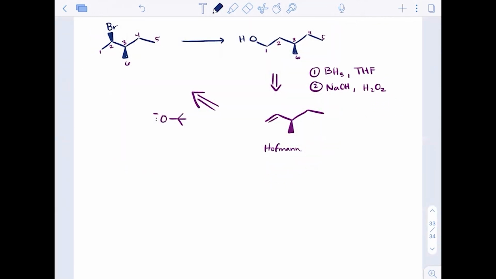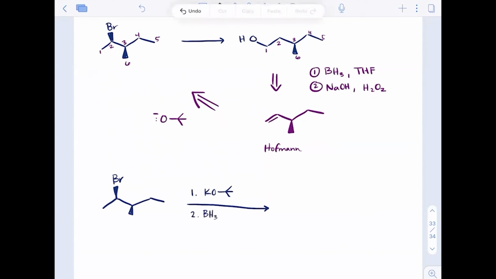What we would want to be able to think about is putting it all together with the reagents going forward. We think backwards, but then when we actually answer the question, we've got to go forwards. We want to start with that E2 and finish up with hydroboration oxidation. Notice this one is a 3-step reaction. Two overall reactions, but again, 3 steps to those reagents.